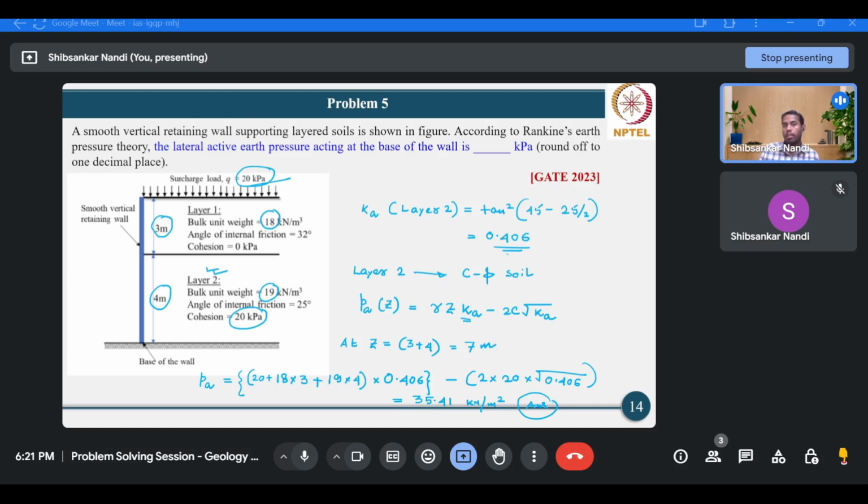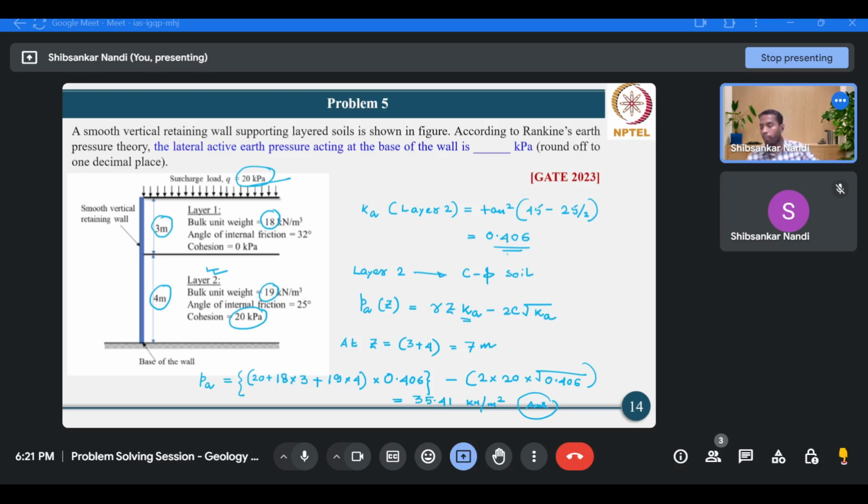In this problem, we have calculated the coefficient only for layer 2, because we have to calculate the active earth pressure at the base. So that's why it's not required. However, to draw the active earth pressure distribution for the whole height of the wall, you have to calculate the coefficients for both layer 1 and layer 2.